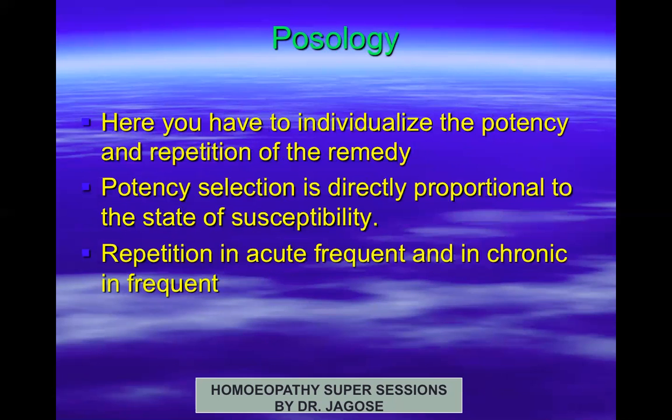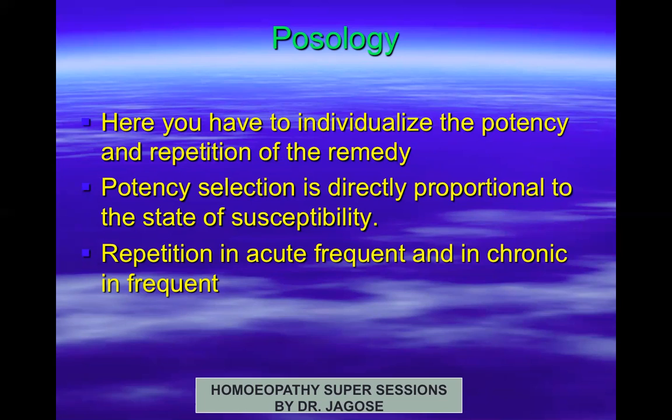Now for posology, here you have to individualize the potency and the repetition of the remedy. So what potency to give, how to repeat it, all that also has to be individualized according to the case in hand. The potency can be selected as per the state of susceptibility, and it's always good to remember that potency has a direct relationship to the state of susceptibility.